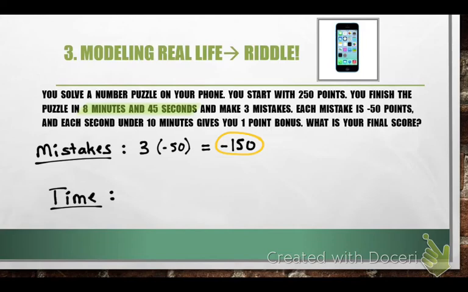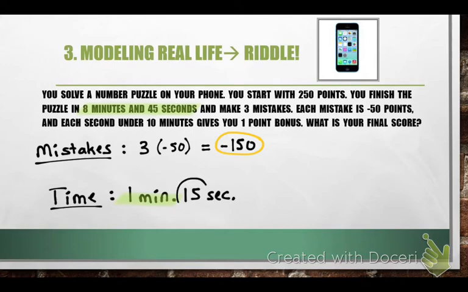As you saw, my goal was to get it in under 10 minutes. Did we make the goal? Yes, we did. How much time did we have left before it would have hit the 10 minutes? 1 minute and 15 seconds. So let's figure out, guys, how many seconds are in a minute? 60.